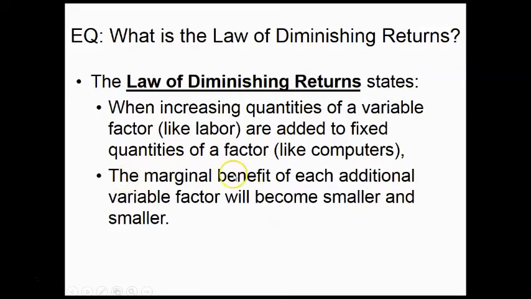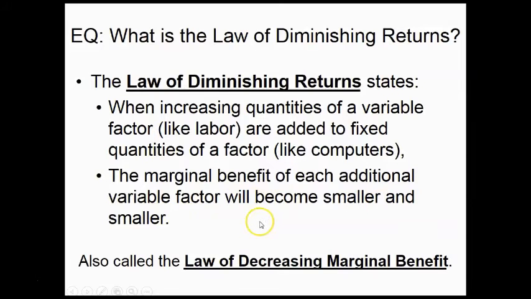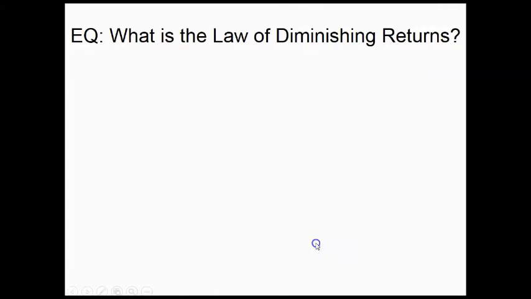What'll happen is the marginal benefit of each additional variable factor or each additional good that you're consuming will become smaller and smaller, okay? Sometimes it's referred to as the law of decreasing marginal benefit, okay?